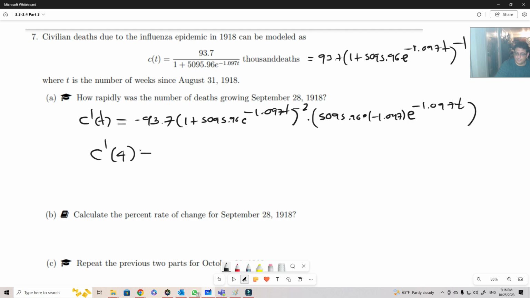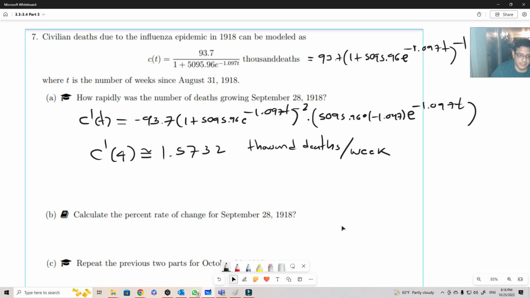So C prime of 4, and after plugging 4 in here, I find that this is 1.5732, and the units are in thousands of deaths. Since the time is in weeks, this is per week. Because remember, it's a rate of change, and a rate of change is units of output over units of input.